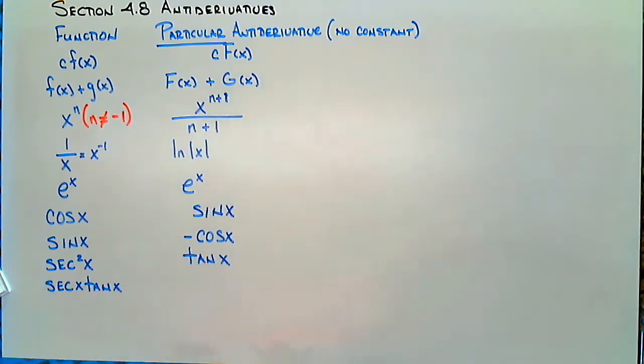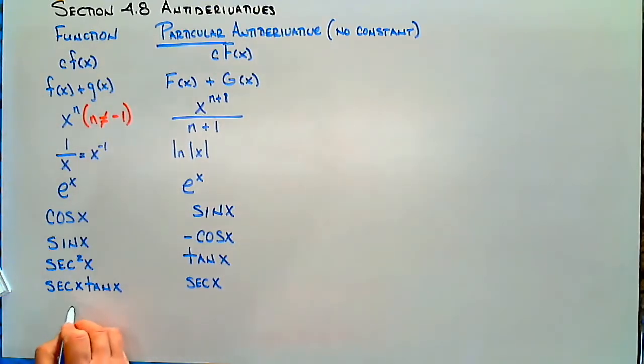Whose derivative is secant x, tangent x? We know the derivative of secant is equal to secant x tangent x. Therefore, secant x is the antiderivative of secant tangent. Right? Again, we're going backwards. It's going to take a while for you to get used to that. From here, we get a couple more.